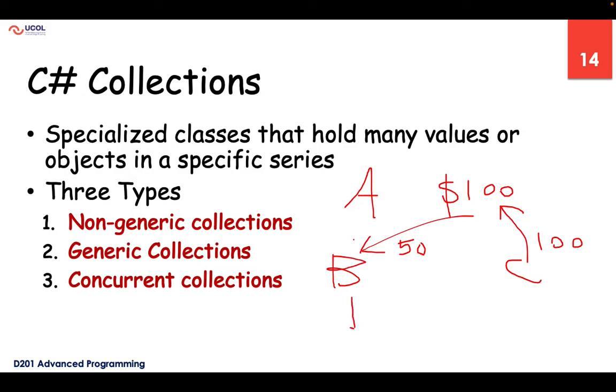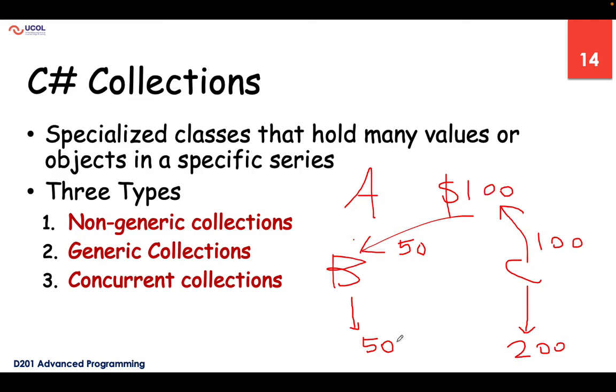It is 100, it will withdraw the 50, and the remaining balance is 50. Now the other process also checks the balance, and because it is depositing money into A's account, the balance will be 200, because they accessed the same balance, that is 100, and then did the calculation.